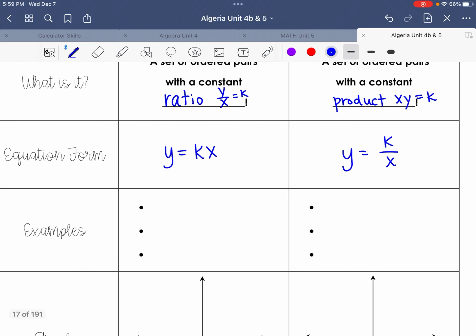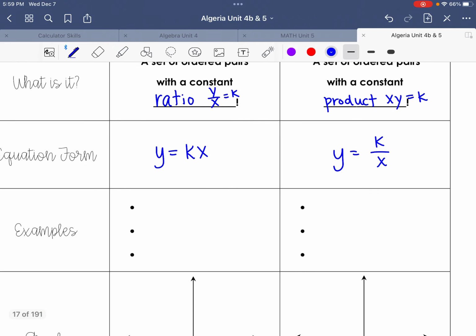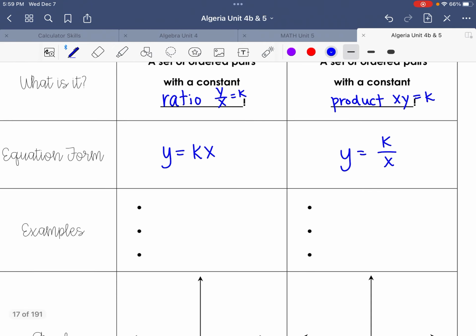Some examples of equations that are direct variation: it can be something like y equals 4x, or something like y equals 3/5 x, or even something as simple as y equals negative x. All of those are examples of direct variation.